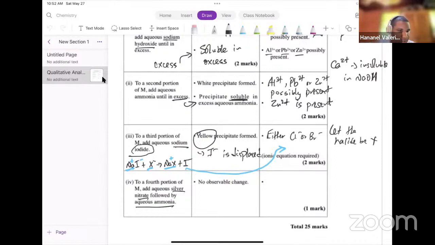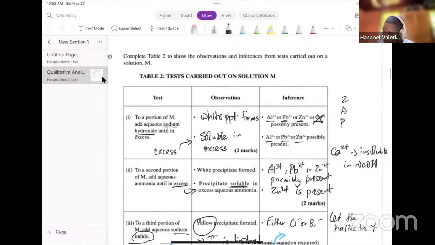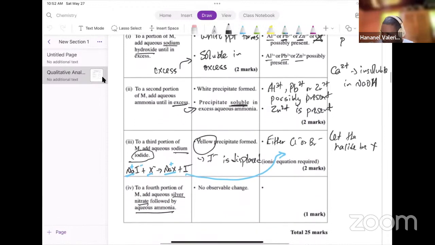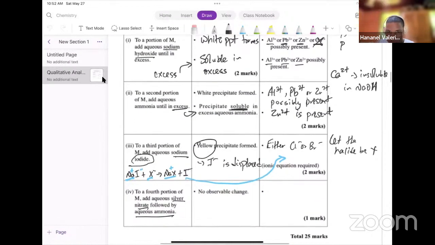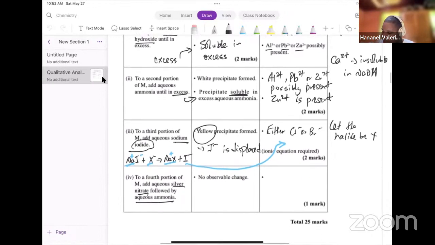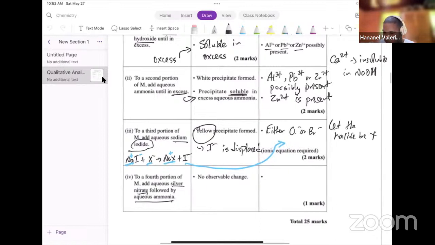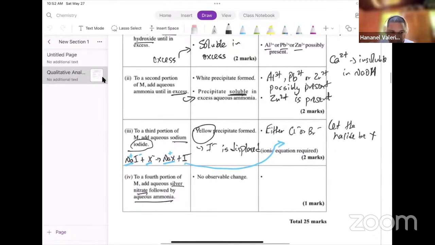Because silver chloride, or rather, let's look at what they say about M. I'm telling you already, it has to be a soluble salt, because chlorine and bromine have to be involved in that somewhere.